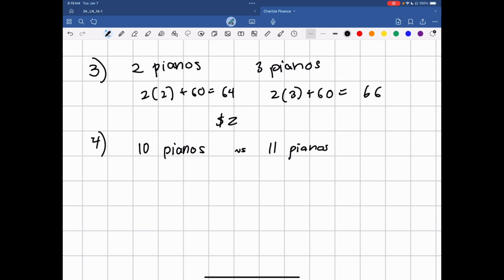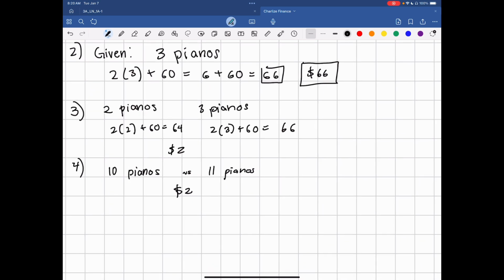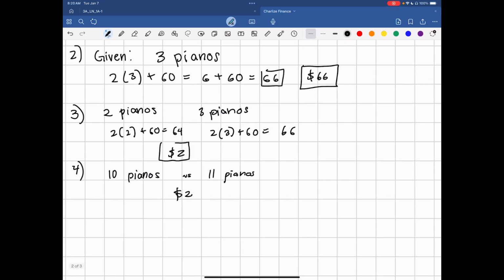The only number that's really changing after you add that 11th piano is the $2. So this one would also be $2. The same would go for the 60th piano, the 200th piano.